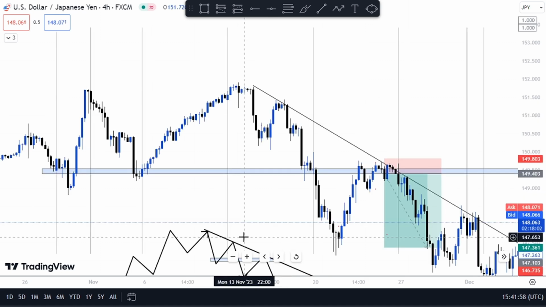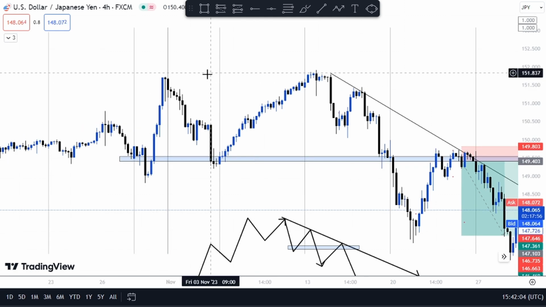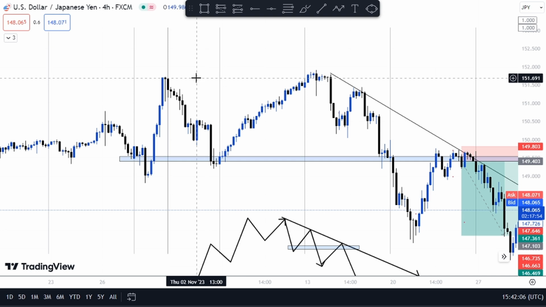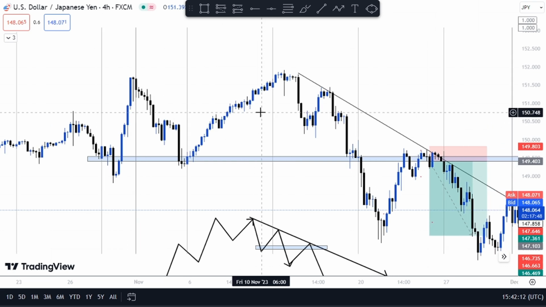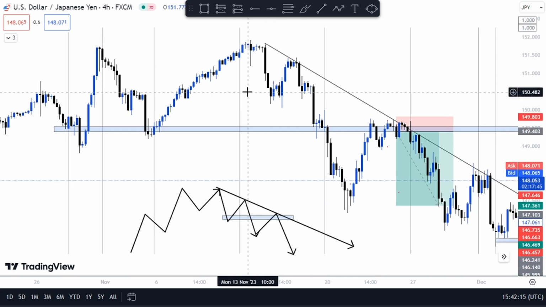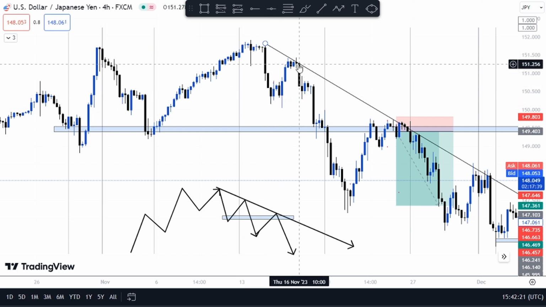So enough with this, let's get to the chart so that I show you how I was able to spot that. As market was coming up all the way from this side and created these equal highs, I realized that something is about to happen in this market. And what I did was I waited for the market to do its own thing. So it came down, creating this low, then went up.